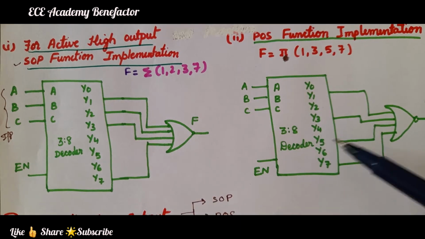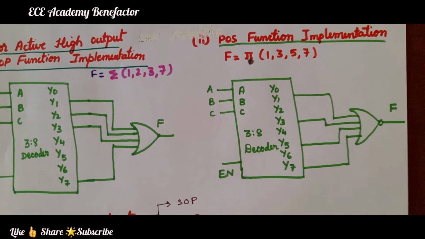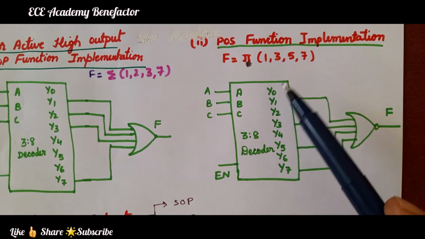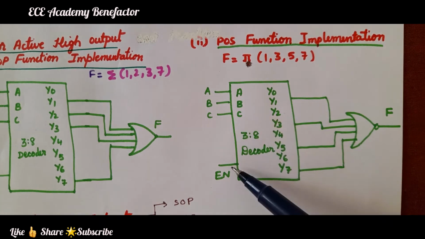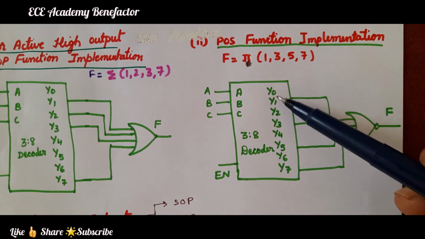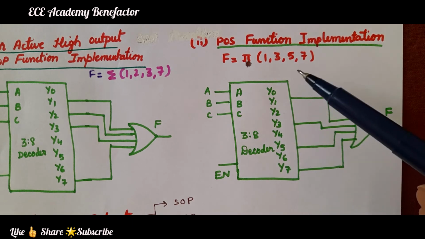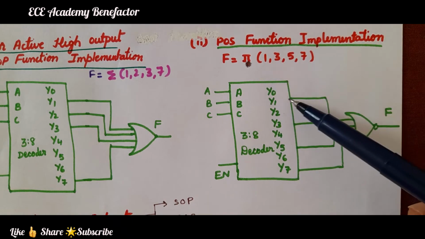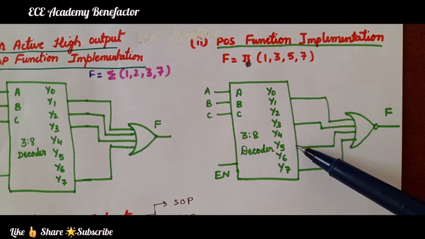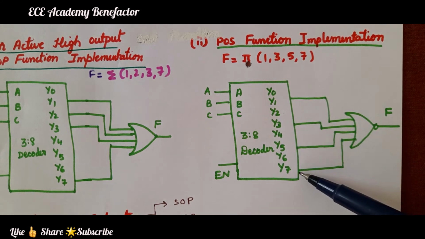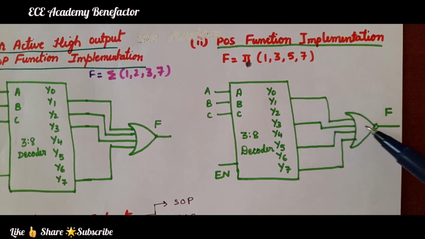Let us now see the POS form. Here the list is given. So, 3:8 decoder, 3 inputs A, B, C, enable the decoder by enable input, 8 outputs y0 to y7. The outputs are y1, y3, y5 and y7. These outputs are connected to a NOR gate to generate the function f.